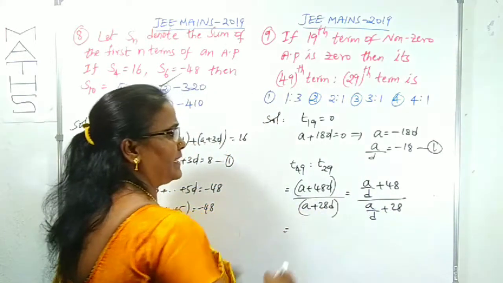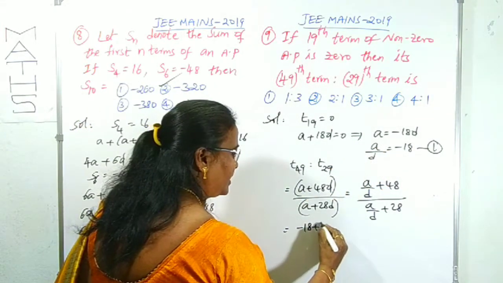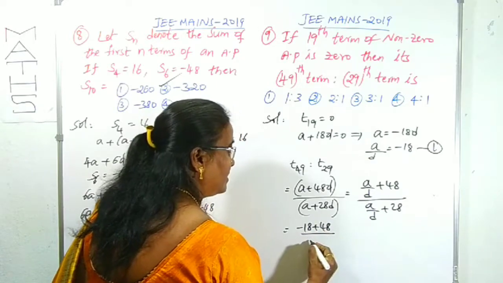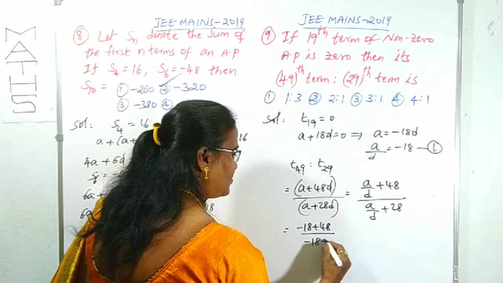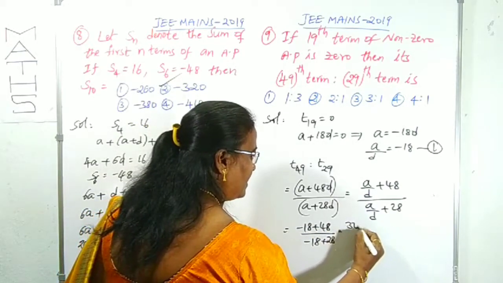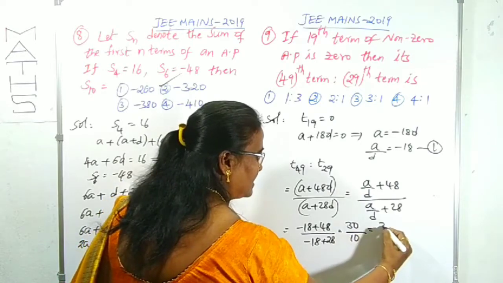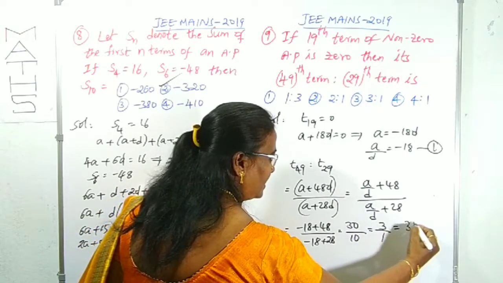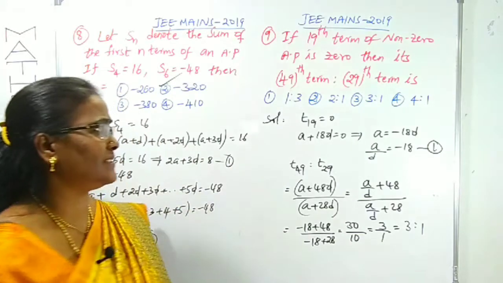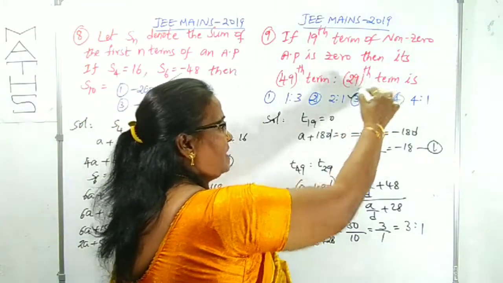Now use the a by d result: minus 18 plus 48 upon minus 18 plus 28. 48 minus 18 is 30, by 28 minus 18 is 10. 0 cancels, it is 3 by 1, in the sense 3 is to 1. That's it. This is our required ratio. That will be the third option.